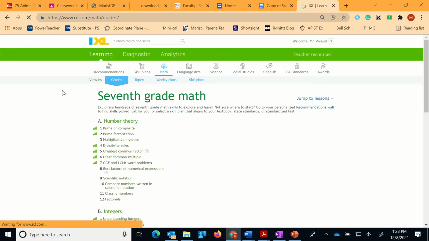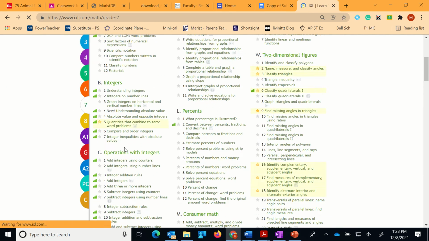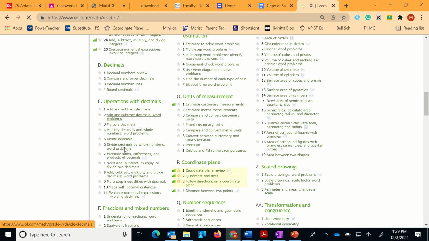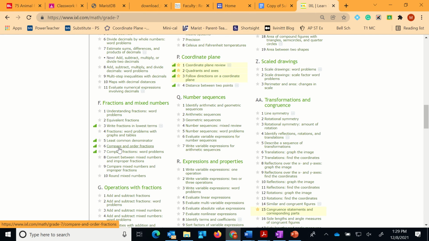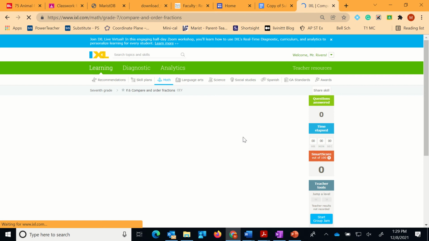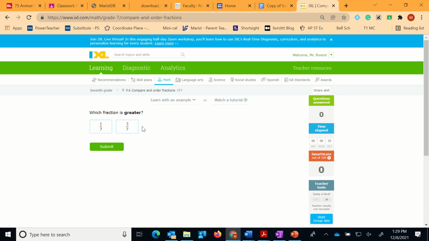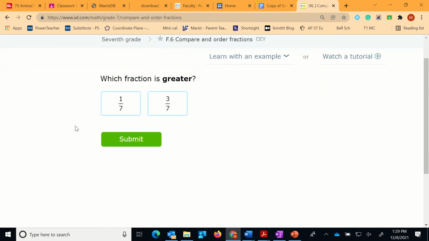Going back to the choices here, we're going to go to F.6. So again, get an 85 on all of these. Compare and order fractions. Okay, so which fraction is greater? This one's pretty clear.